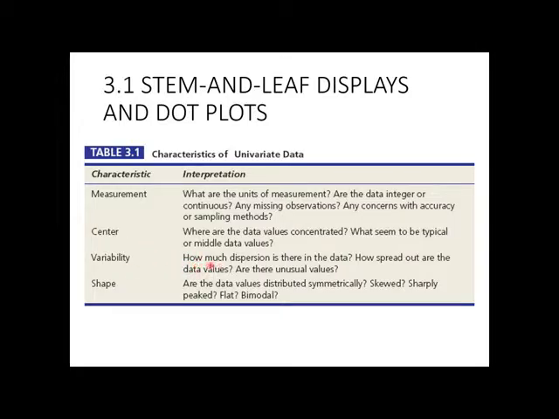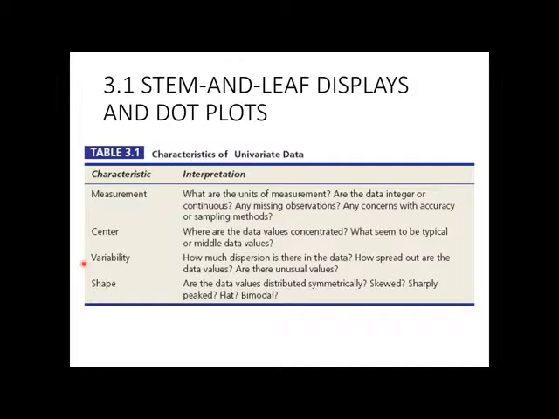Variability is how much dispersion there is in the data, how spread out the data values are, and whether there are any unusual values. And shape is whether it is skewed or sharply peaked, or flat or bimodal, and so on.